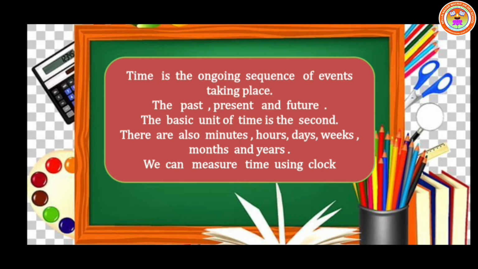The basic unit of time is the second. There are also minutes, hours, days, weeks, months and years. We can measure time using a clock. Students, time is very important in our daily activities, right? Without time, we cannot do any work. So time is more precious, students.